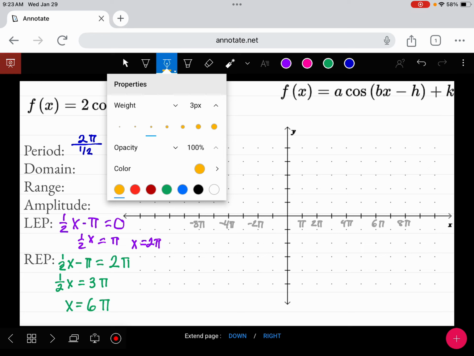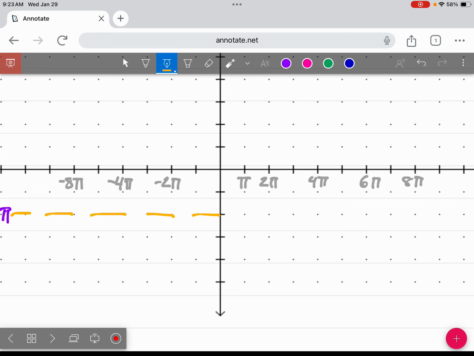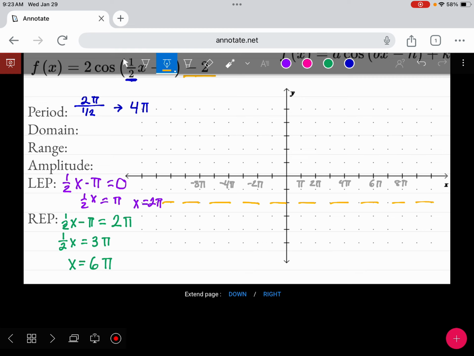That means the center of my cosine is not on my x-axis, it's down 2. So our midline is going to be down here. I'm going to do it dotted this time just because I'm not going to erase it. I don't care how you draw it on your graph, whether you do it dotted or solid. You just want it to be faint so you don't confuse which one's your x-axis and which one's your center.